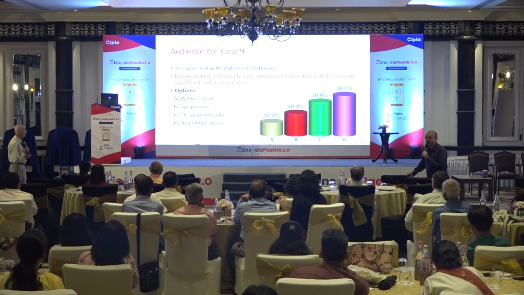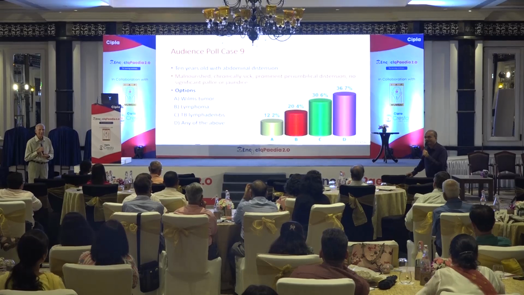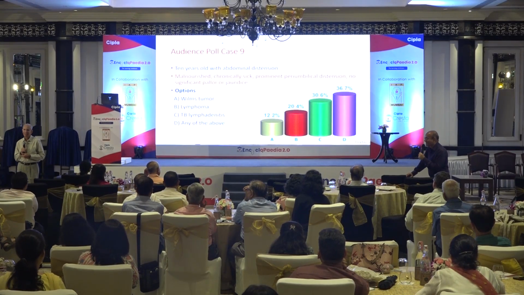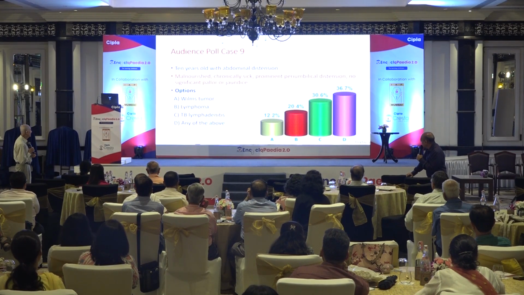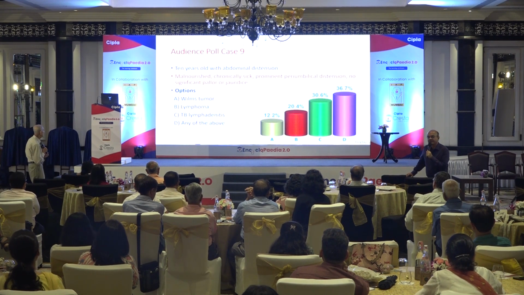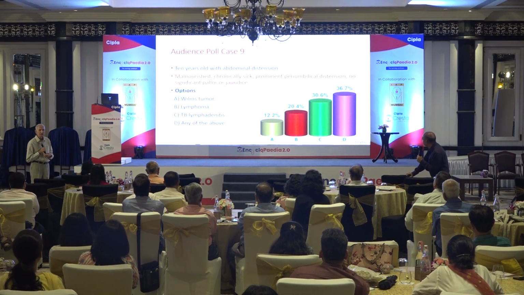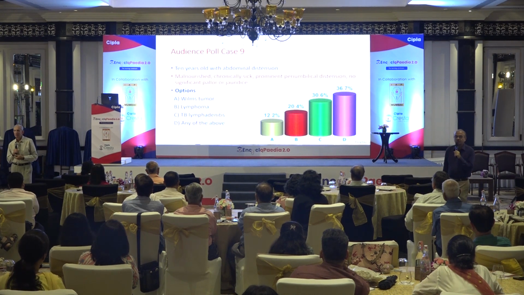So I think majority is any of the above, right? So easiest answer. Okay, let's debate between Wilms and any lymph node, then we will debate between lymphoma and TB lymphadenitis. Any thoughts?